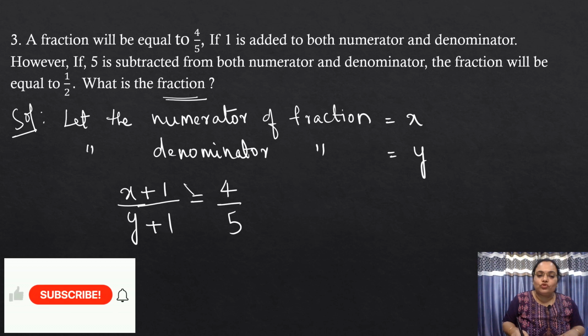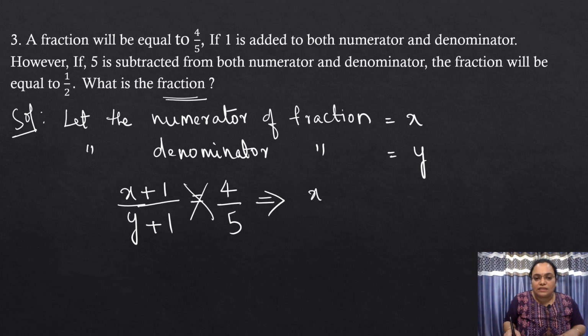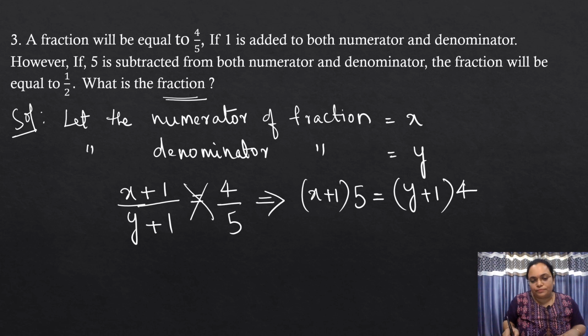From here, do cross multiplication. This will be equal to x plus 1 into 5 is equal to y plus 1 into 4, which is 5x plus 5 equal to 4y plus 4.